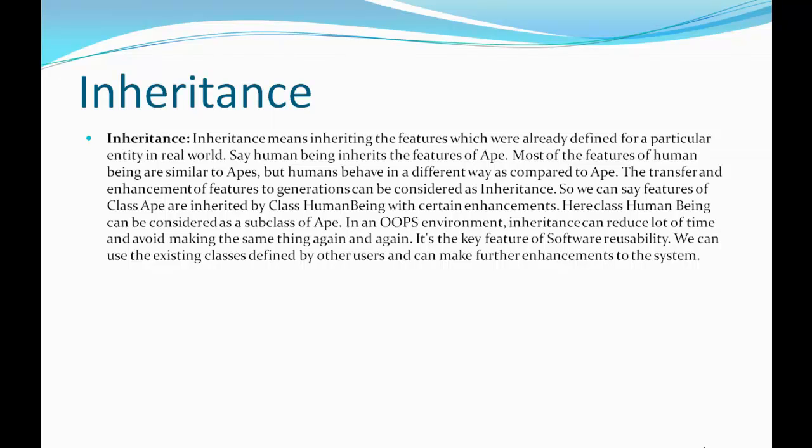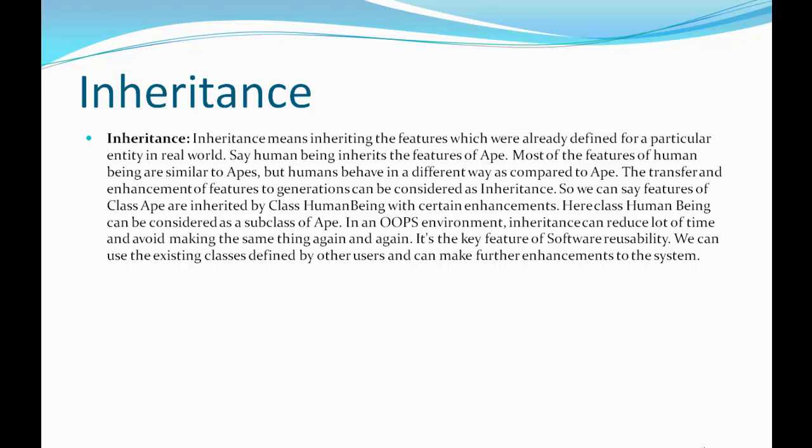In an object-oriented programming environment, we can use inheritance to reduce a lot of time and avoid making the same thing again and again, since a lot of functionalities could be written in the earlier classes and can be inherited by the new classes.